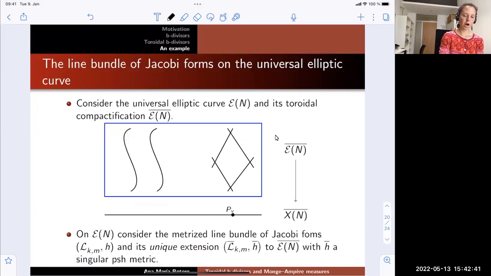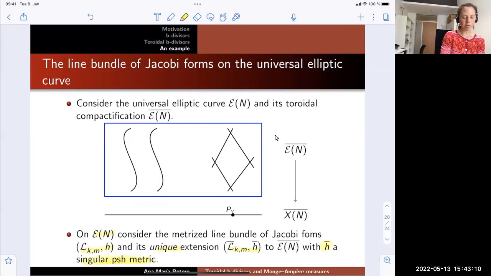And then on this universal elliptic curve, you can consider this metrized line bundle of Jacobi forms and its unique extension to this compactification in such a way that this extended metric is a singular semi-positive metric. So Jose will mention a bit more about this, but this extension as a positive metric is unique.